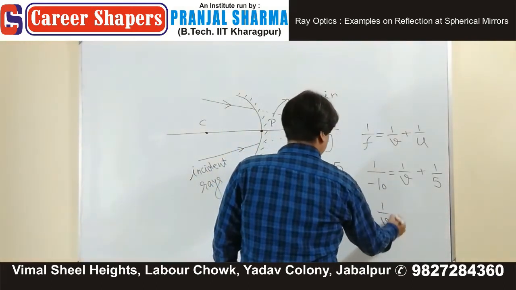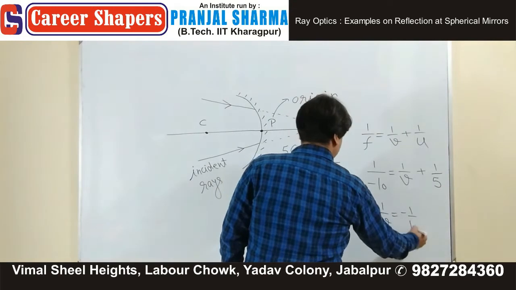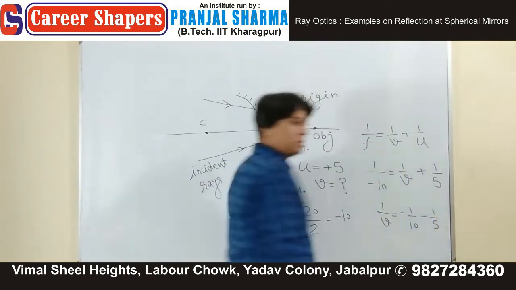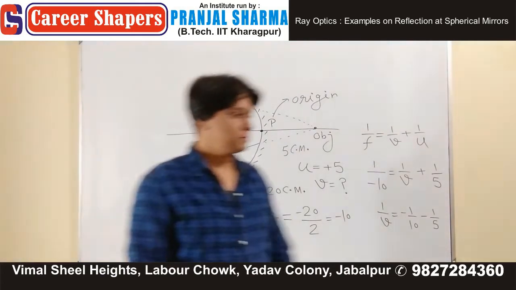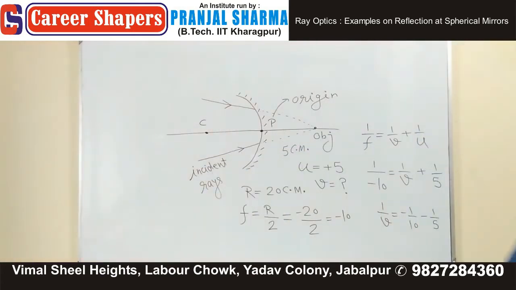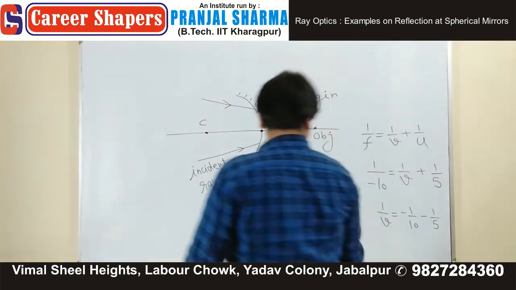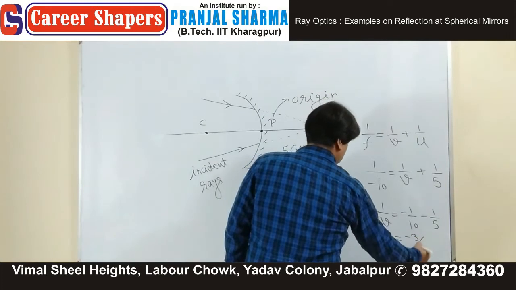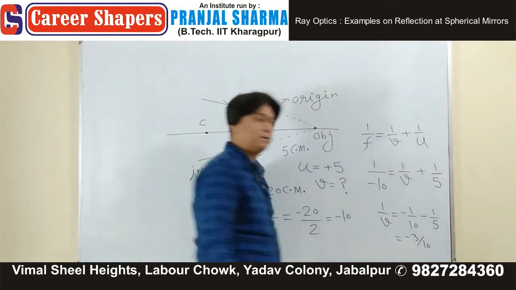This gives us 1 upon v as minus of 1 upon 10 minus of 1 upon 5. That is minus of 3 upon 10.